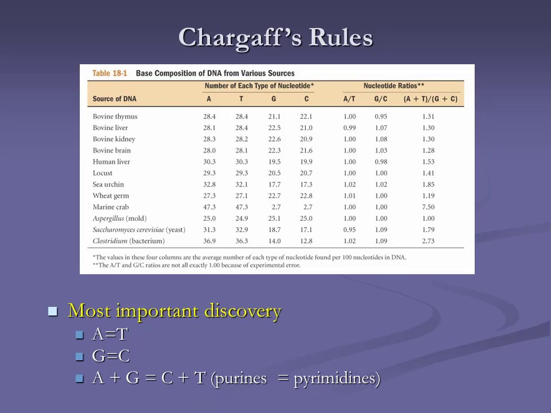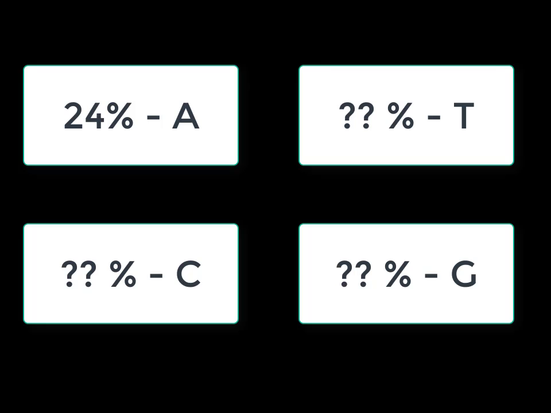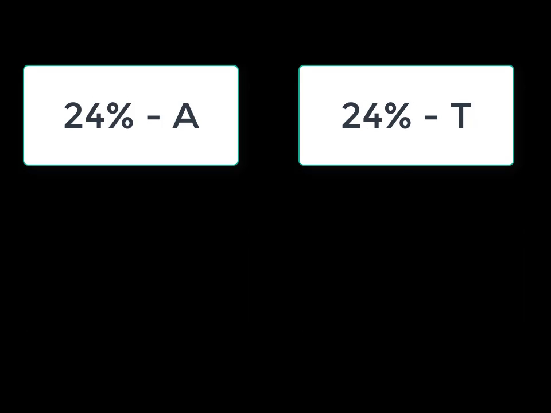Let's say, for instance, I were to tell you that in a particular species, 24% of our nucleotides were A. Determine the percentages of the other nucleotides. What would you do first? You know that T's equal 24. Now, how do we determine the other two?